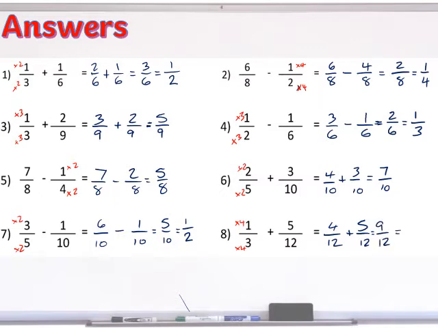Well, we can simplify that because I know there's a common factor between 9 and 12. What is it? That's it, it's 3. So how many times does 3 go into 9? 3 times. How many times does 3 go into 12? 4 times. So you should have an answer of 3/4 for that one. And there you go, that's your starter over. I told you I don't want you to forget how to do addition and subtraction of fractions.